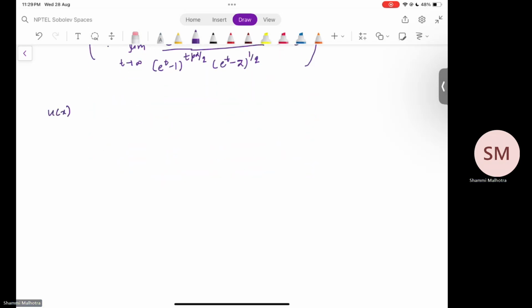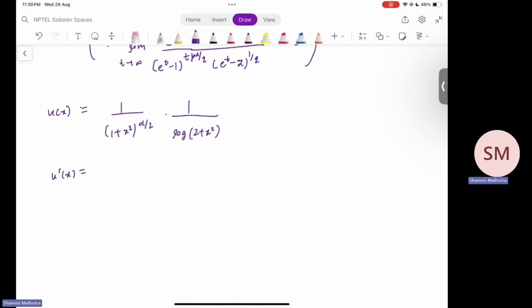So if u(x) is 1 upon (1 plus x square) to the power alpha by 2, times 1 upon log(2 plus x square), then u dash x is, so we have to evaluate this limit. So we can use this product rule.